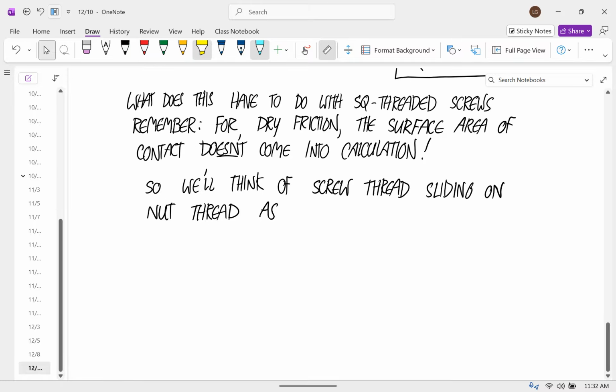So here is our screw. We're going to think of the entire thread of the screw as concentrated into one little spot like this. This would be a terrible way to make a screw. And it is sliding around a path like this.